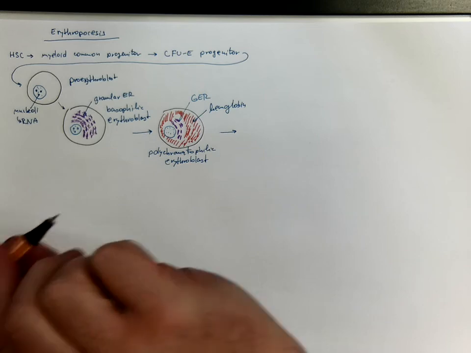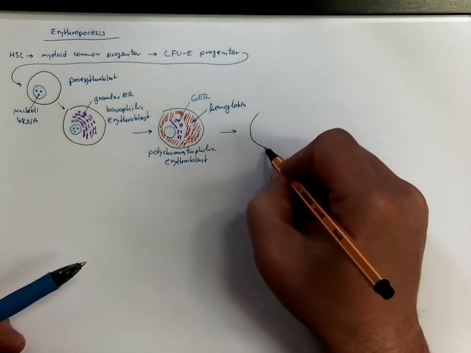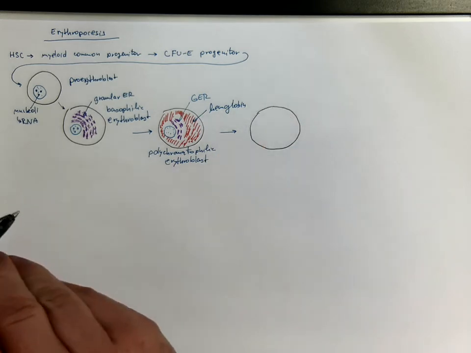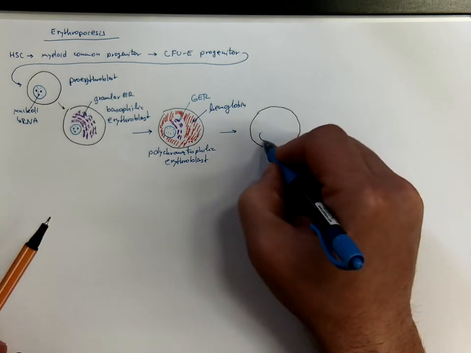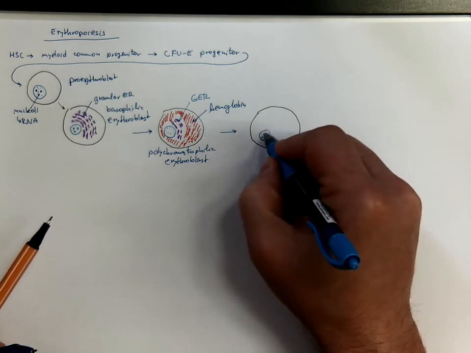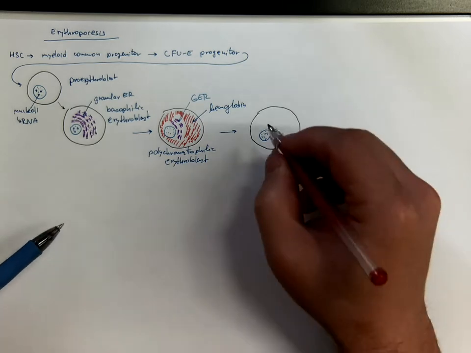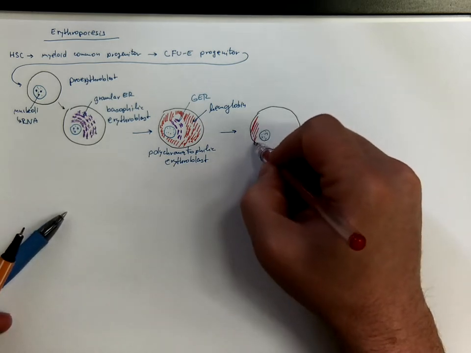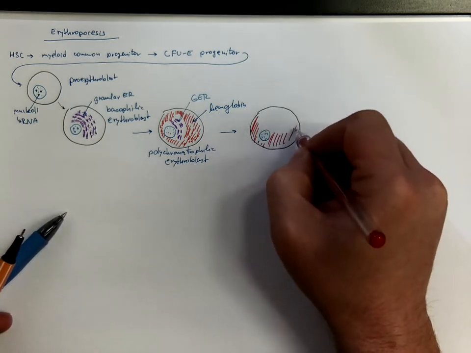The next stage is mostly filled with hemoglobin only, so the cell is eosinophilic.